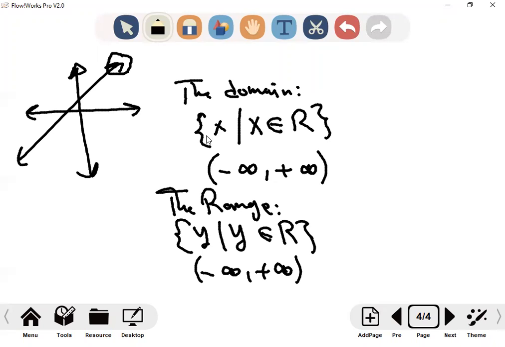This is the domain in set builder, x such that x belongs to R. Or as an interval from negative infinity to positive infinity. Same for the range, but for x we say the domain and for y we use the range only. فهمت؟ Yes, all real numbers. Write it as you like, but capital R, not small r.